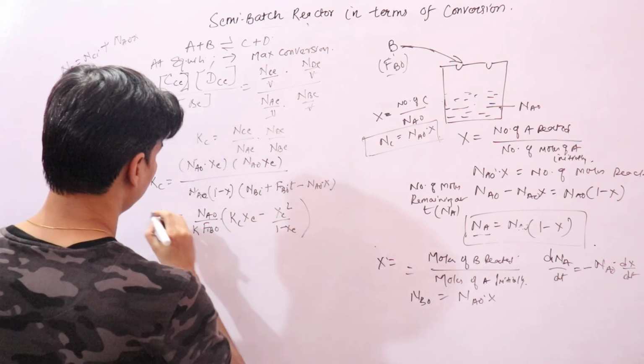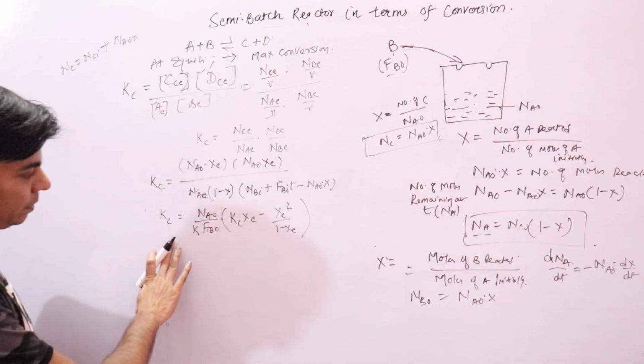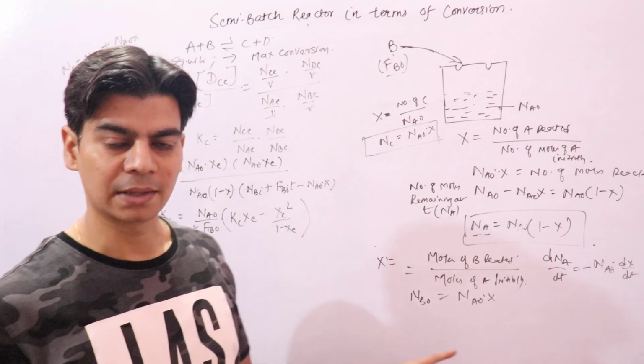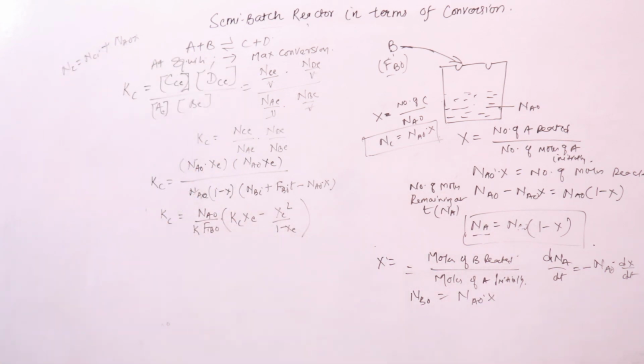This is the equation at equilibrium, that means this is the equation for the semi-batch reactor at equilibrium. Xe stands for conversion at equilibrium. I hope this is clear.